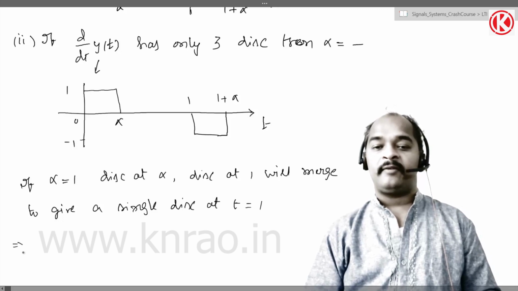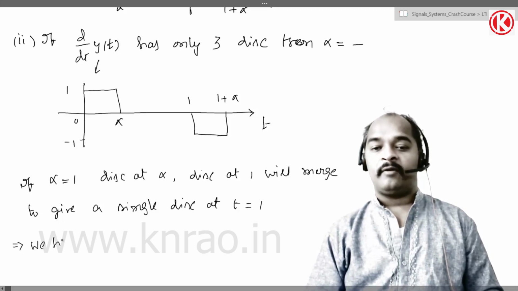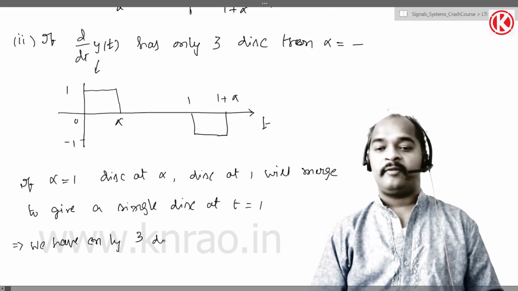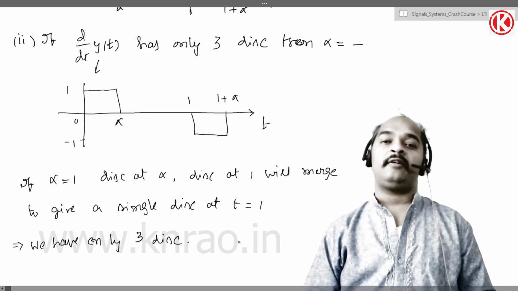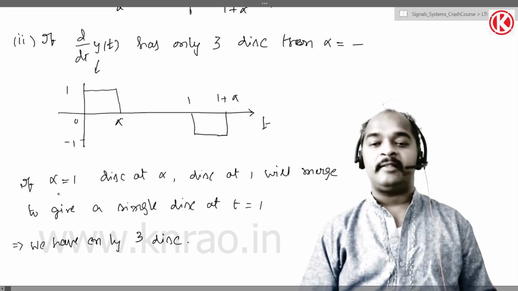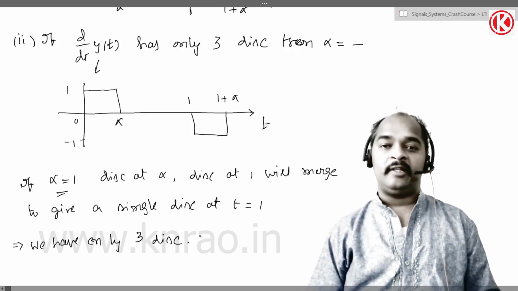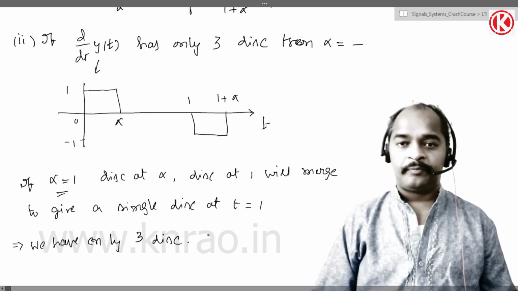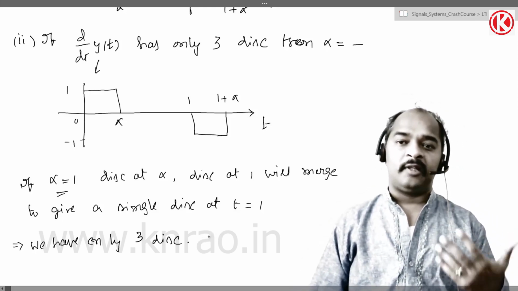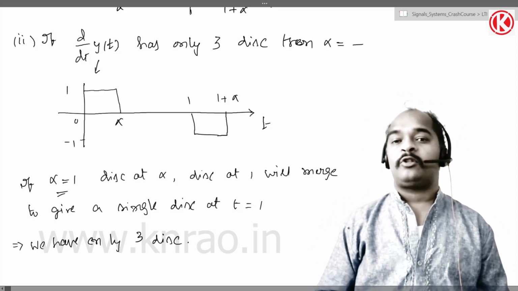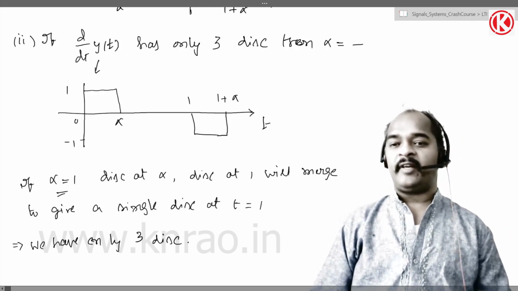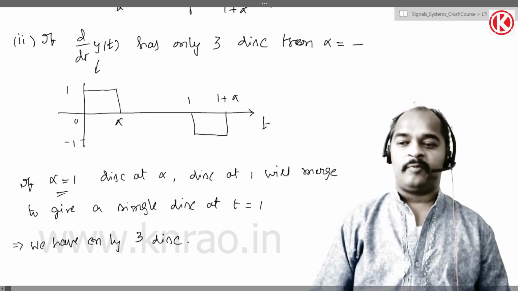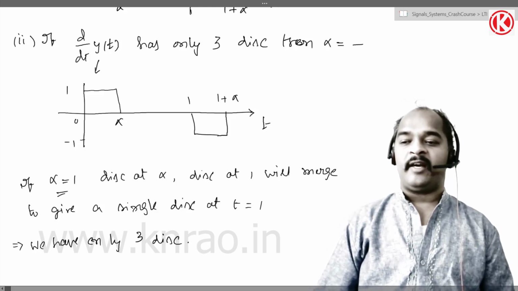So this implies we have only 3 discontinuities. So for this to happen, what should be the condition on alpha? Alpha should be equal to 1. So in that way, by using the differentiation property and also the convolution operation on Dirac delta functions, we can solve these kinds of problems. Actually we did not use the differentiation property here, but in the previous problem we have used it.